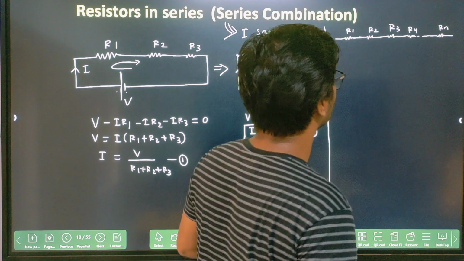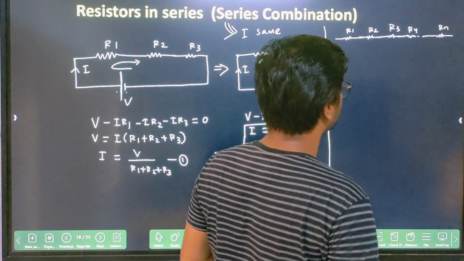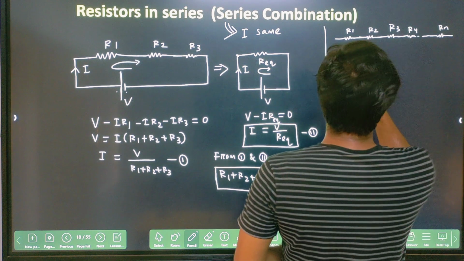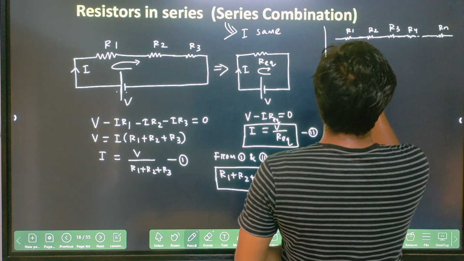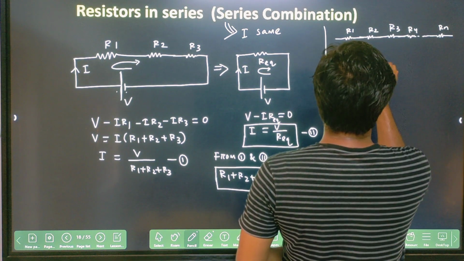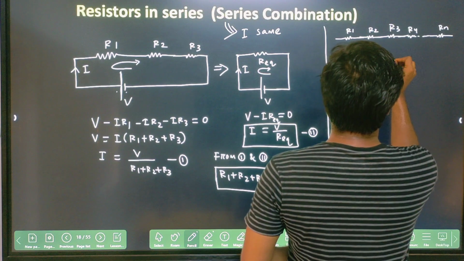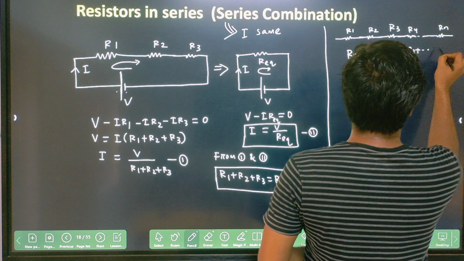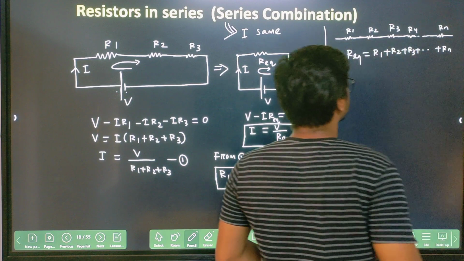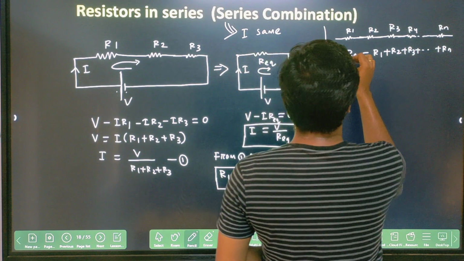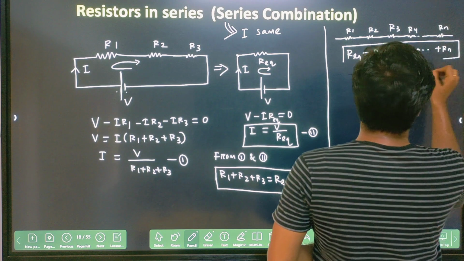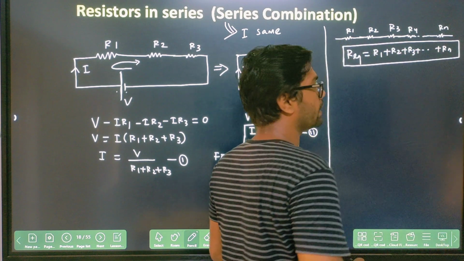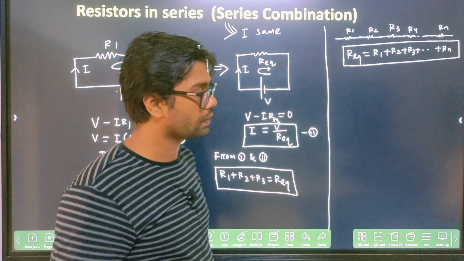Can you find the equivalent resistance for it? You will say that R equivalent is equal to R1 plus R2 plus R3 plus up to Rn. Clear? This is your equivalent resistance whenever n number of resistors are connected in series.